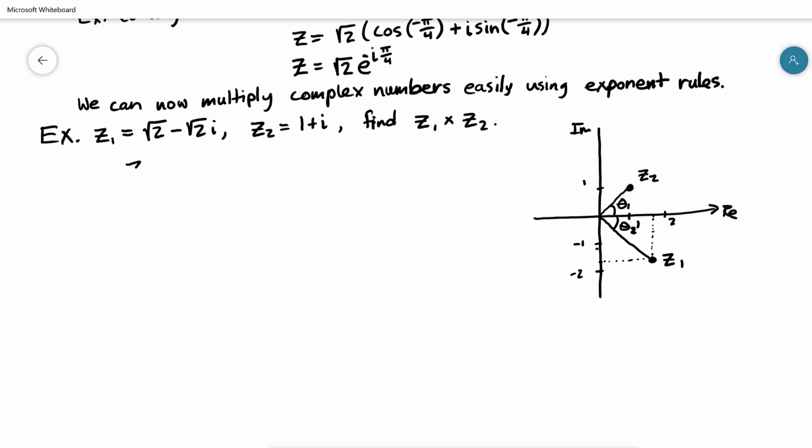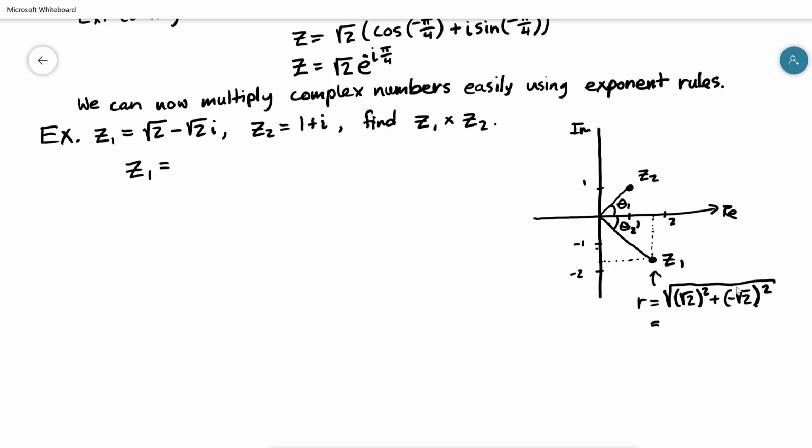Looking at this picture, for z1 I just need to figure out what r is. What is this total distance from the origin out to this point? I can do that by taking the square root of the sum of the squares. So r is going to be equal to the square root of root 2 squared plus negative root 2 squared.